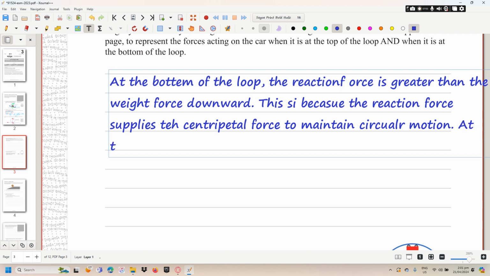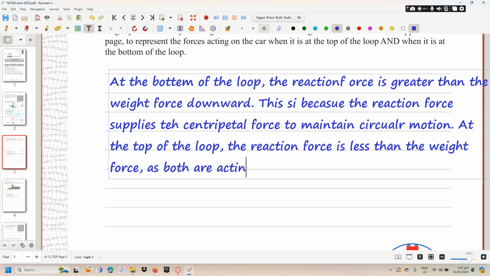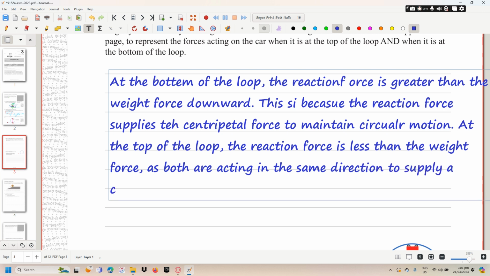And then, always comparing and contrasting, at the top of the loop the reaction force is less than the weight force, as both are acting in the same direction to supply a centripetal force.